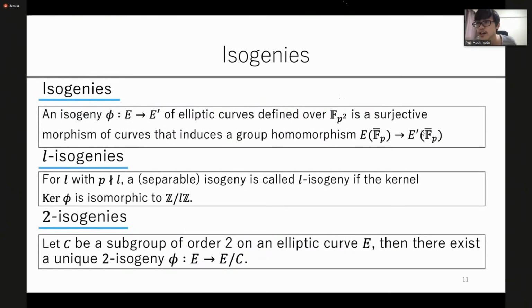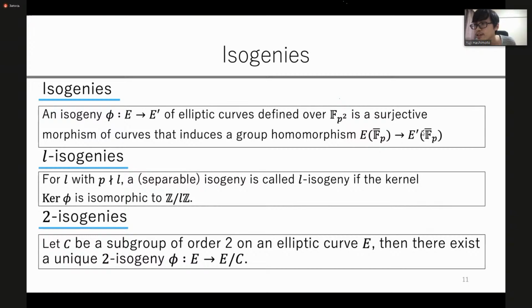In this slide, I explain isogeny, which is the edge of isogeny graphs. An isogeny phi of elliptic curves defined over F_p^2 is a surjective morphism of curves that induces this group homomorphism.